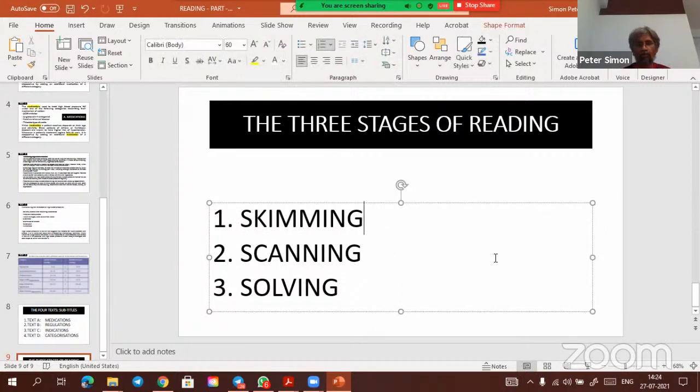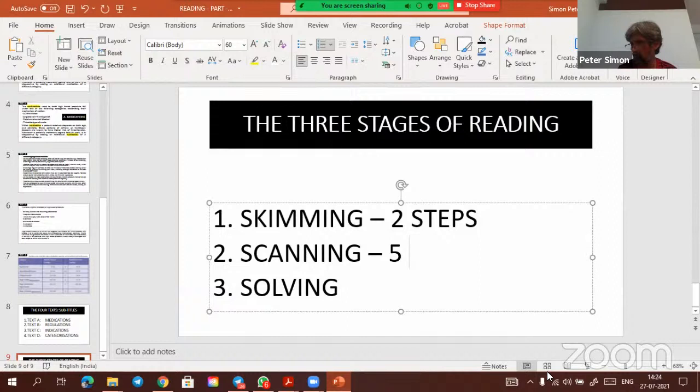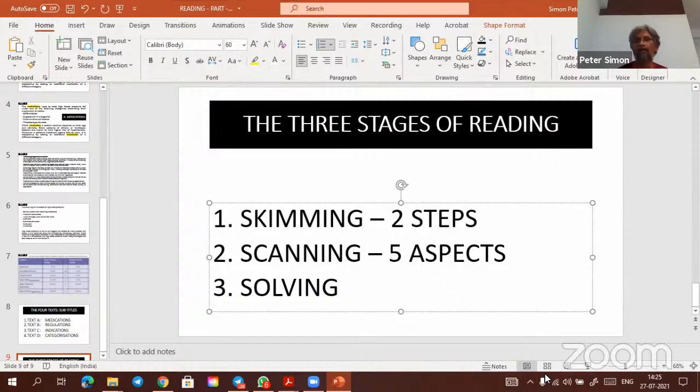So skimming, you have 2 steps: studying the title and studying the subtitles. Scanning, you have 5 aspects. You have to underline, read, type names, then numbers, then new vocabulary, then difficult vocabularies and special phrases. These are the 5 aspects you have to underline.